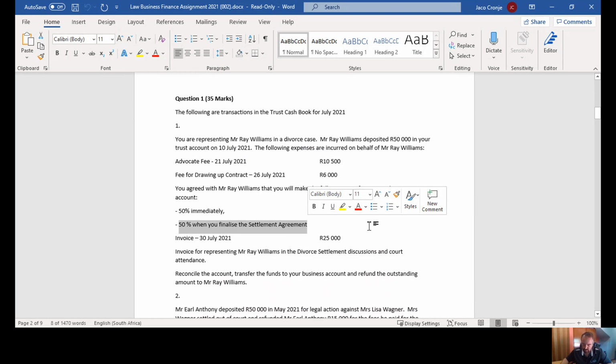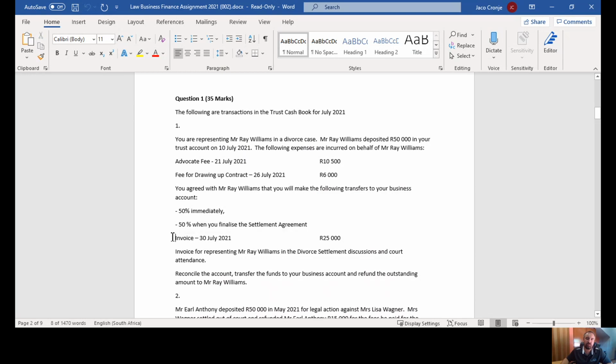Now I've gone through the rest of the assignment and the mark plan, and I cannot find that the remaining 50% has been transferred to business. In other words, this settlement agreement does not conclude in this question. So you're basically going to transfer 50% to business, and the remaining 50% will stay in trust. It doesn't finalize in this month.